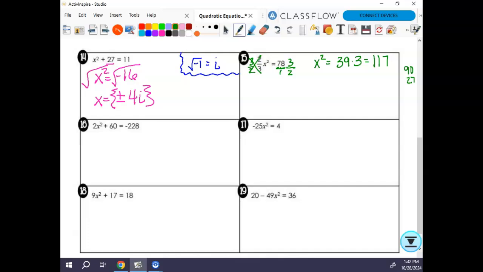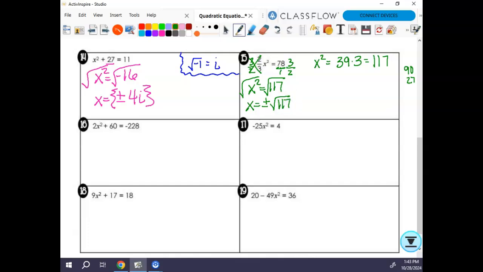Whatever works for you, or actually multiplying it out, whatever ends up happening in the end. So you get x squared equals 117. So when I take the square root of both sides, I'm going to get x equals plus or minus the square root of 117.